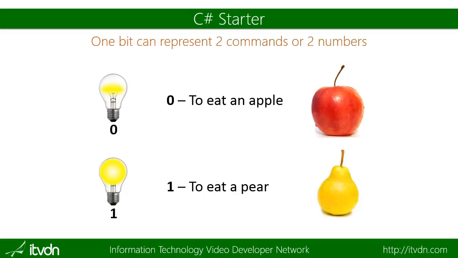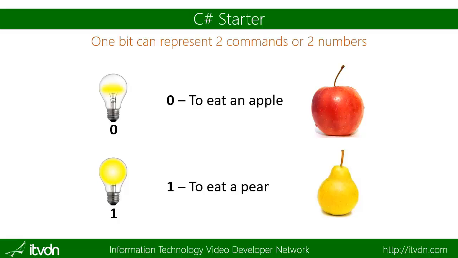And you're sitting in the room where the light bulb is, and I'm sitting in the room where we have the two switches. And if I turn on the first switch, your bulb will glow partially. If I turn on the second switch, your bulb would glow fully.